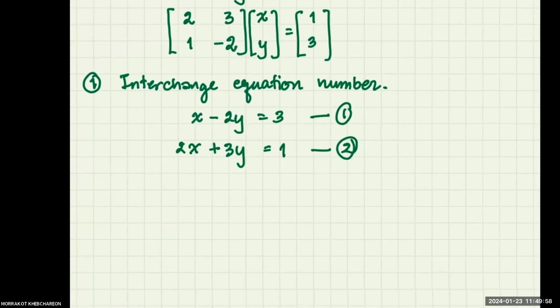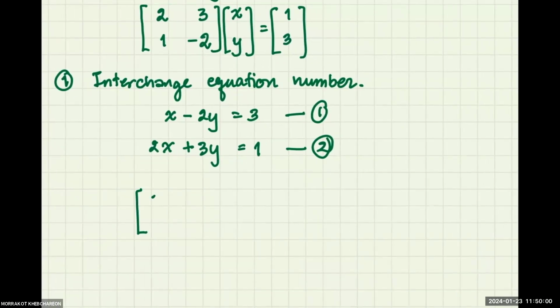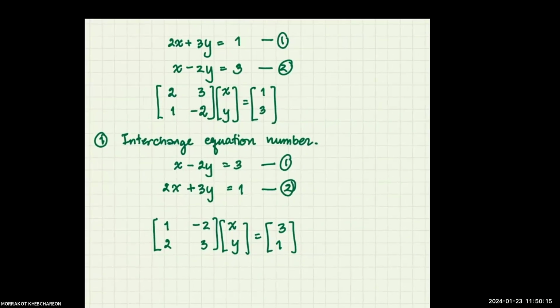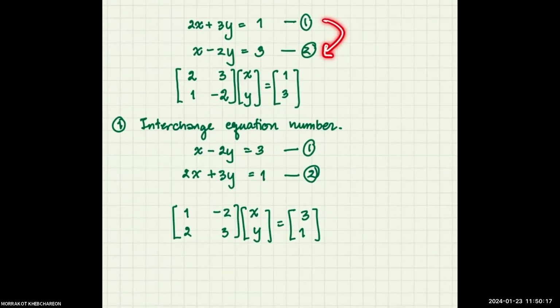So you will write down the matrix 1, minus 2, 2, 3 times x, y equal to 3, 1. You can see that I swap the rows. This one will interchange. The solution remains the same.